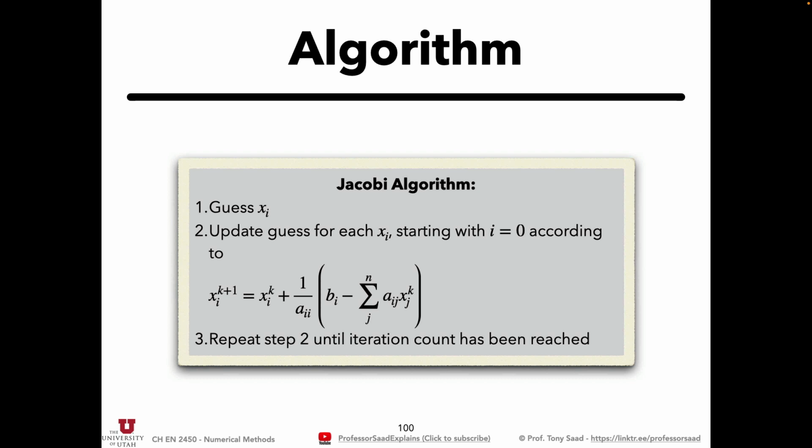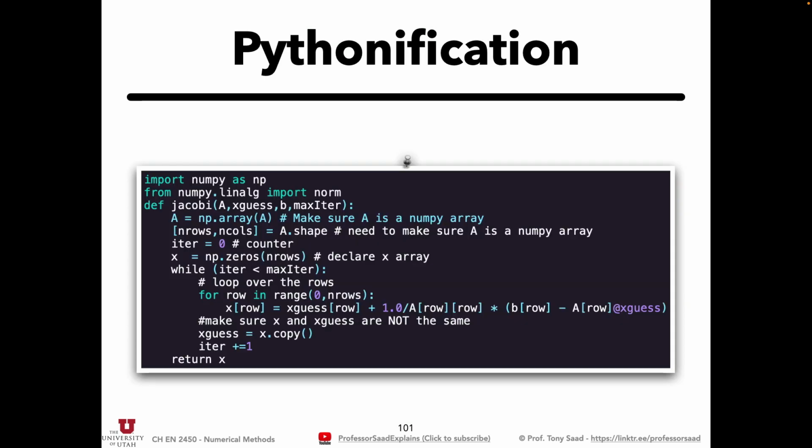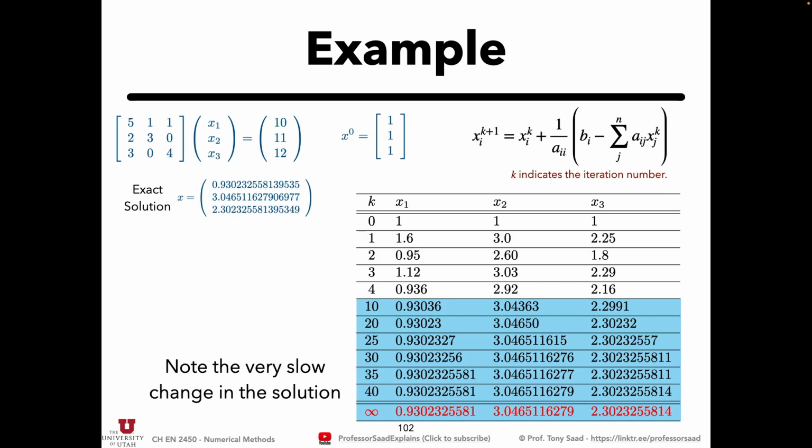You start with a guess, and then you implement this formula. And you keep iterating until you reach convergence. Okay? We're going to spend some time talking about convergence. But let's go ahead and program this together. I will also give you the code for the Jacobi iteration in the homework assignment, and I'll put it on Canvas.